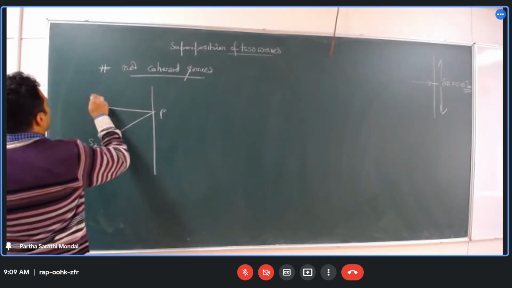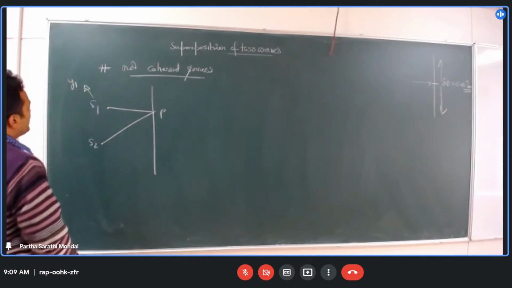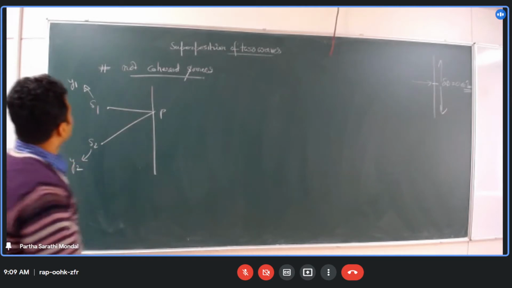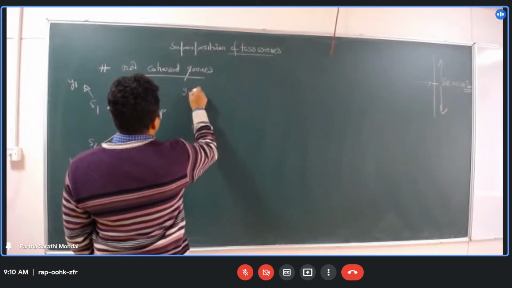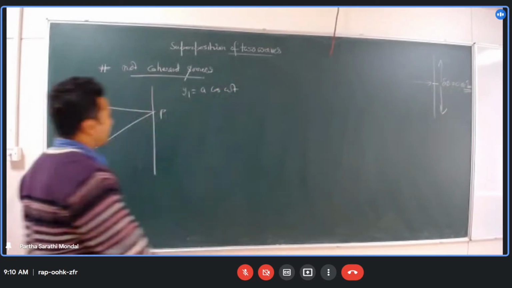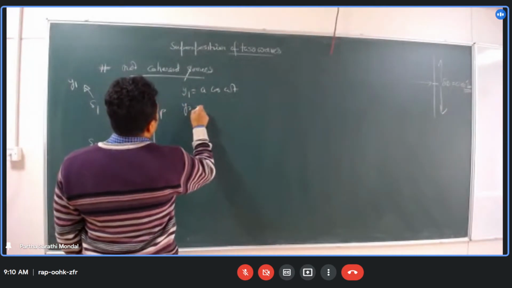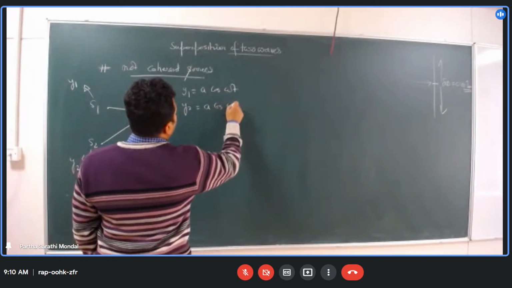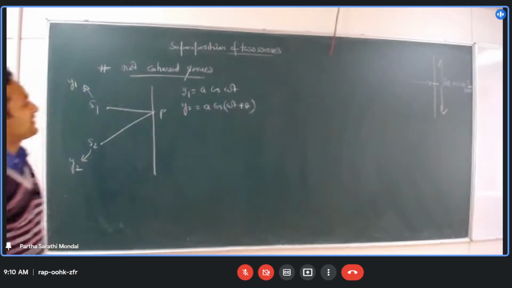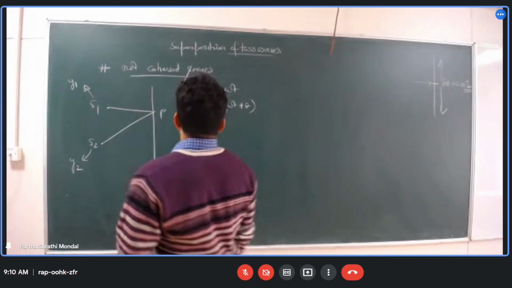Let's say the S1 source is emitting Y1 light and the S2 source is emitting Y2 light. Let's say Y1 equals A cos omega t, with initial phase 0, and Y2 equals A cos(omega t plus theta). That means the phase difference between these two sources is theta.